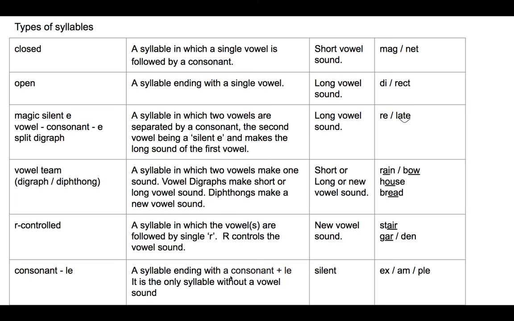A syllable ending with a consonant and then LE is the only syllable without a vowel sound because the E at the end is silent. For example, we have the word example. When you cut the word into syllables, it becomes ex-am-ple. Here you could note that this E is added so that a vowel is present in the last syllable.